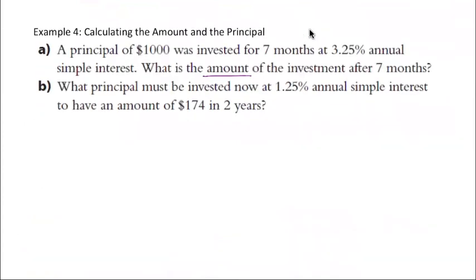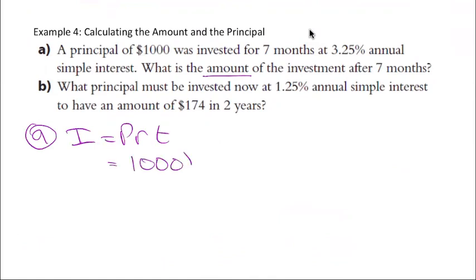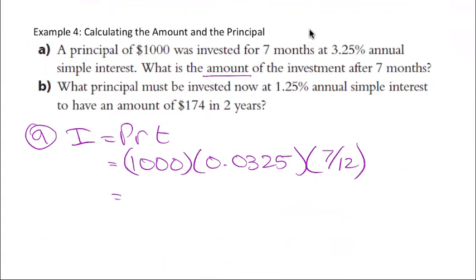So I'm just going to calculate my interest. I is equal to PRT. I have a formula. I always write down the formula. My principal is $1,000, my interest rate as a decimal is 0.0325, and my time is 7 over 12 months. Calculate that out. I believe you get 18.96.